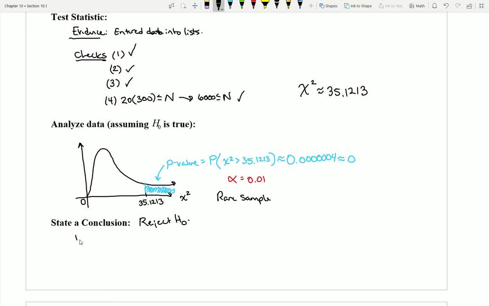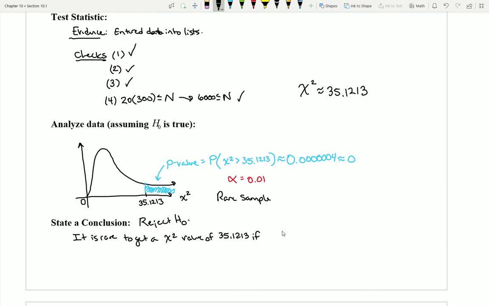I would state something like, it is rare to get a chi-squared value of 35.1213 if H0 was true.